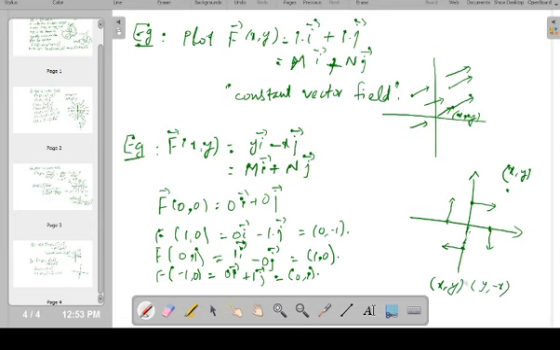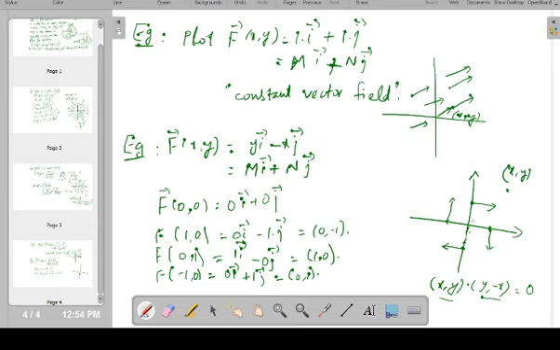You take the dot product between them. What you will get? It is x into y plus y into minus x, which is xy minus xy equal to 0. That means the output vector is orthogonal to the input vector.